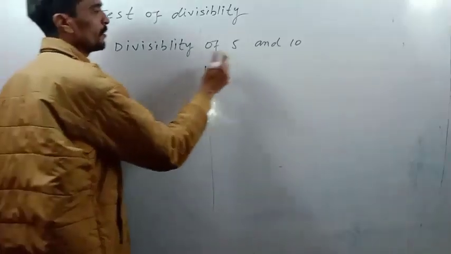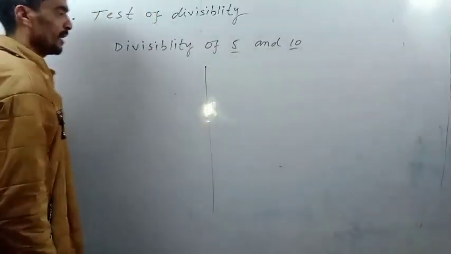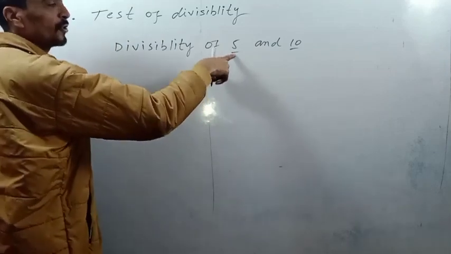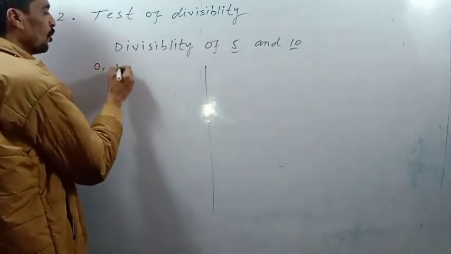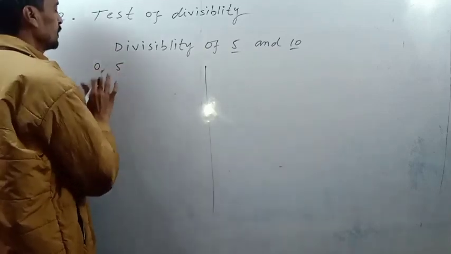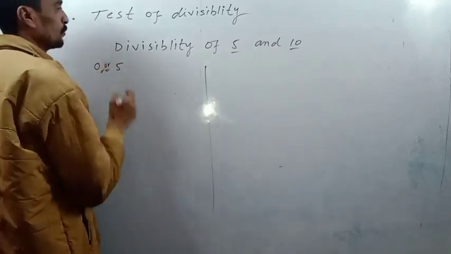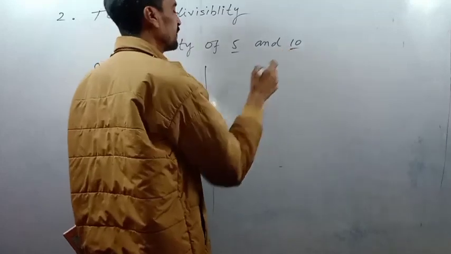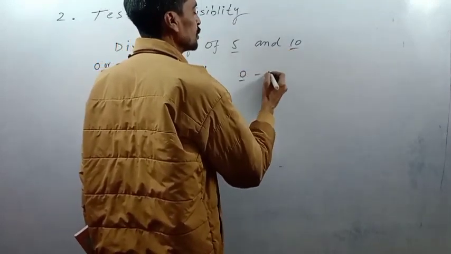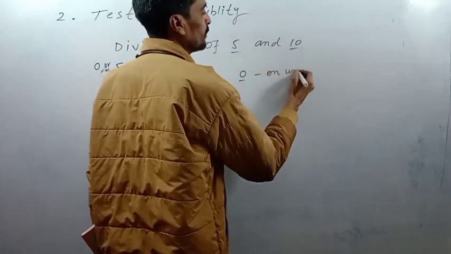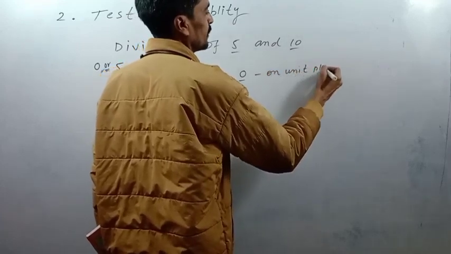Here is the divisibility of 5 and the divisibility of 10. To check the divisibility of 5, what is needed on the unit place? 0 or 5. To check the divisibility of 10, what is needed on the unit place? 0.